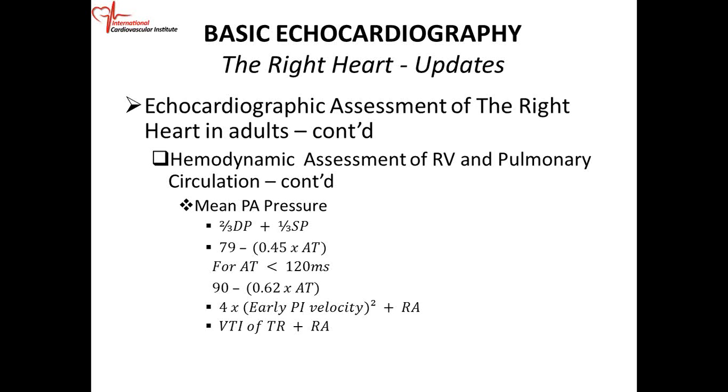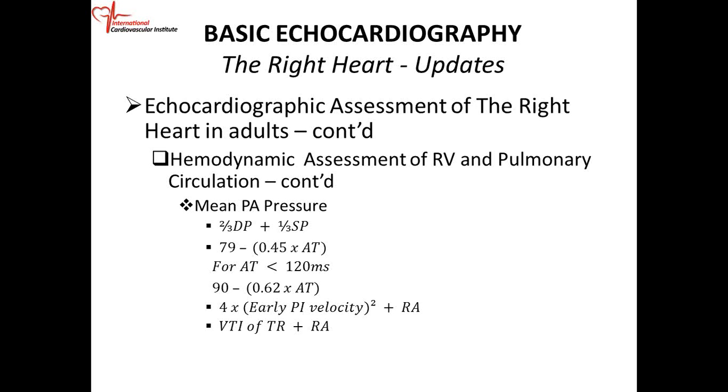Okay? The important thing here is they probably don't ask you to use the equation, but you have to know that it is some value times the acceleration time. You're going to subtract that from whatever. So if the acceleration time is large, then you're going to subtract a large number from the value, so it's going to make the mean PA pressure less.